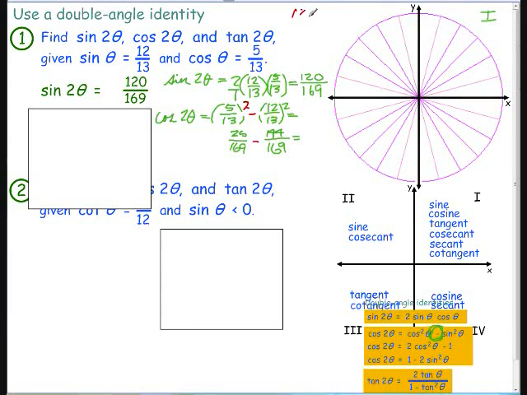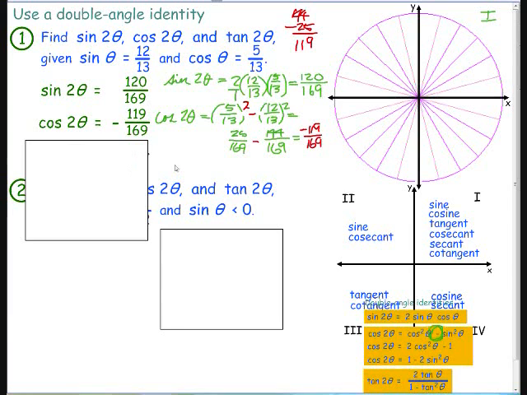So 144 subtract 25, 119. So I have a negative 119. Woo! I knew it was supposed to be negative, over 169. Yes. All right. Oof. That was a close call.